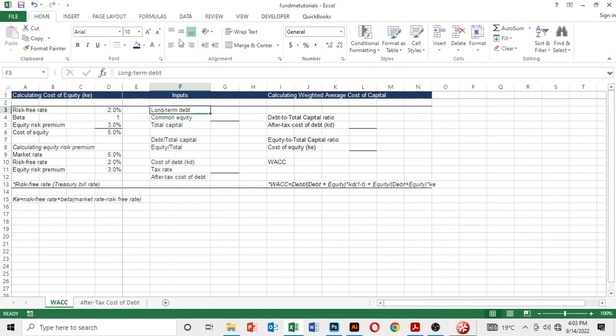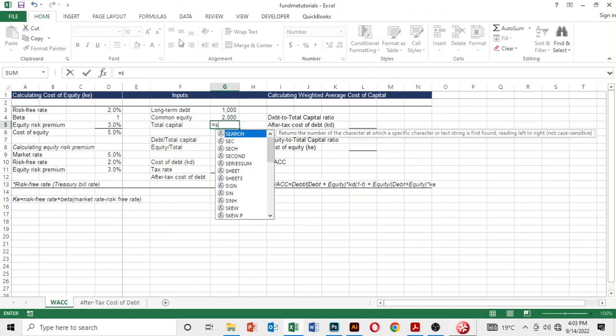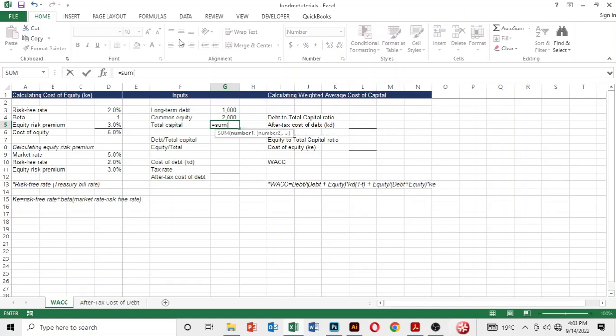So let's say the company wants to raise, let's say, $1,000 in debt, and then wants to raise let's say $2,000 in equity, and then let's just sum up to get the total, just like that.